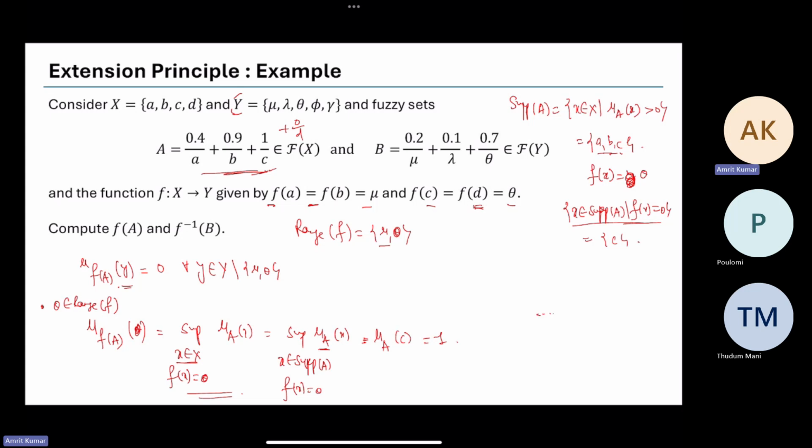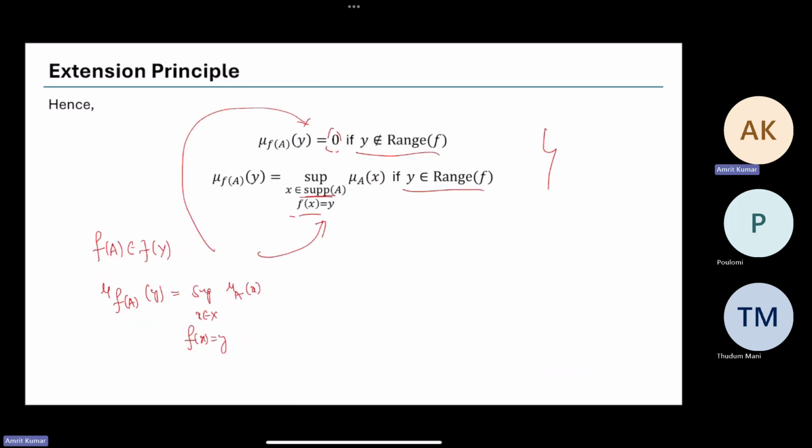And similarly you can compute mu A of U. The point is this particular definition of f of A, which the extension principle gives, can be simplified into these two cases, right? When y belongs to the range of f and y does not belong to the range of f. And that greatly simplifies the computation.